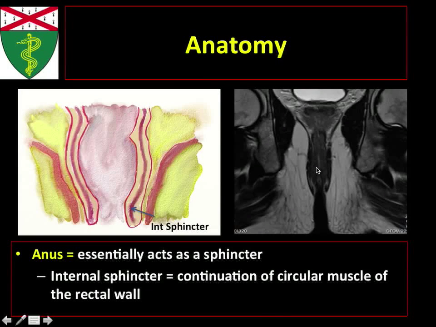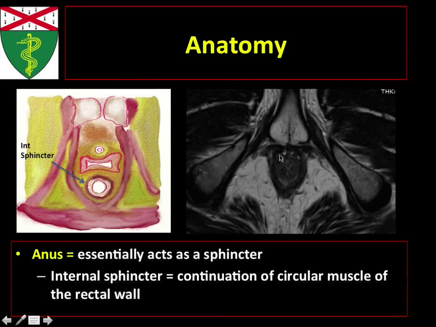Not all of it in reality is the internal sphincter, but you cannot differentiate it from the other different layers of the anus. On axial imaging, reflecting this diagram over here, this is going to be your anus. And again, for practical purposes, we're going to consider this whole thing as our internal sphincter.